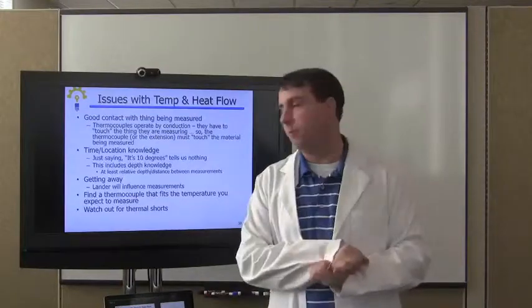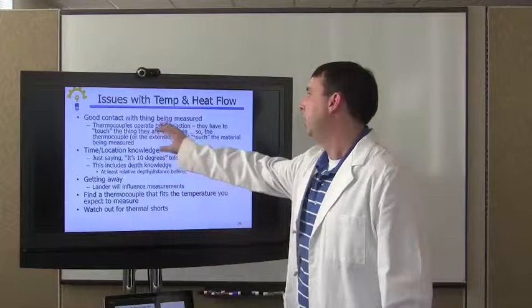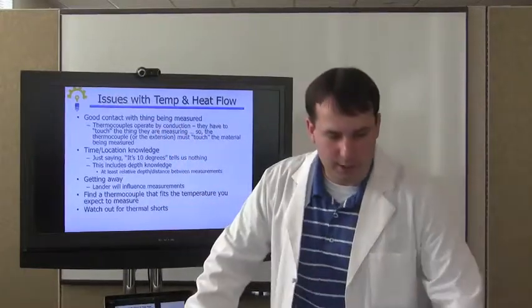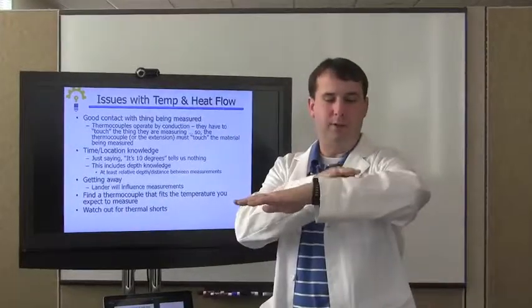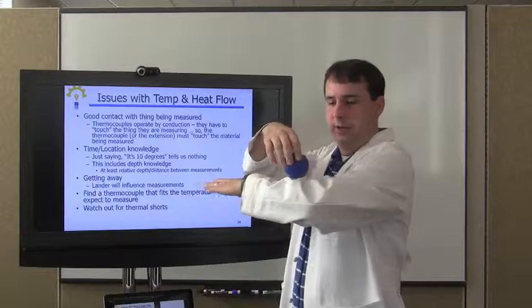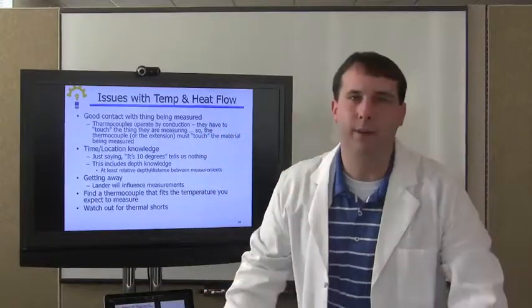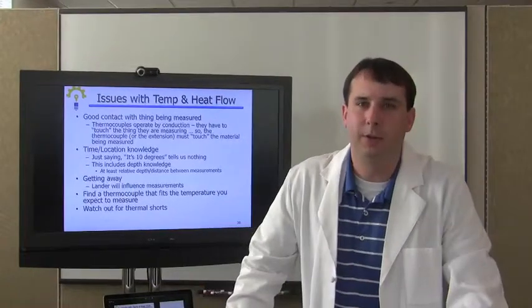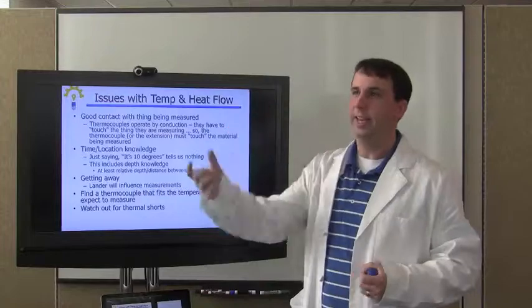Issues with temperature and heat flow measurements: good contact is always an issue. If you're measuring the temperature of the surface, say this white coat, and you get into an area where you're sitting on top and not touching the white coat very well, you're not going to get a very good measurement. Temperature measurement is a touchy measurement. That's why it's the same with heat flow.